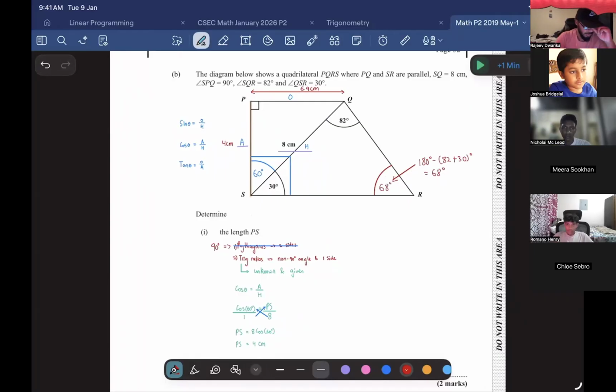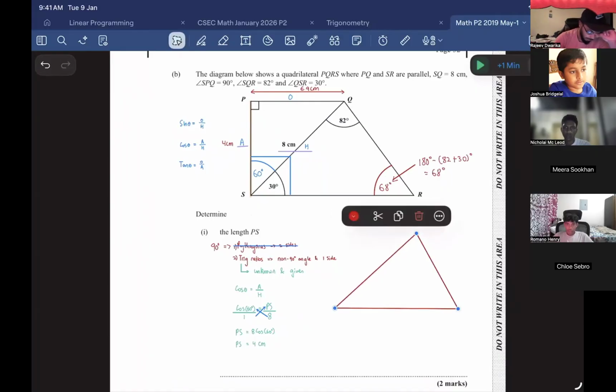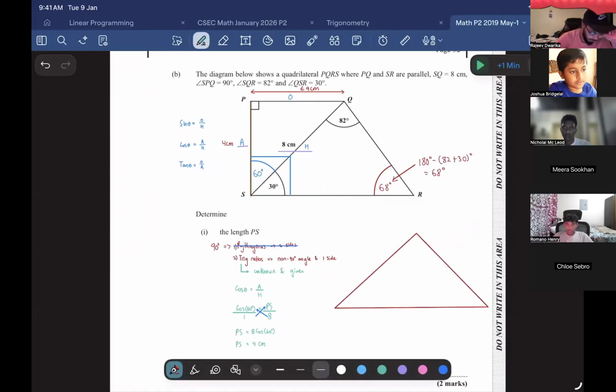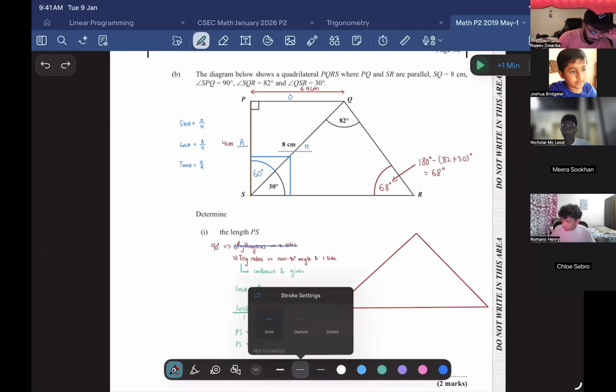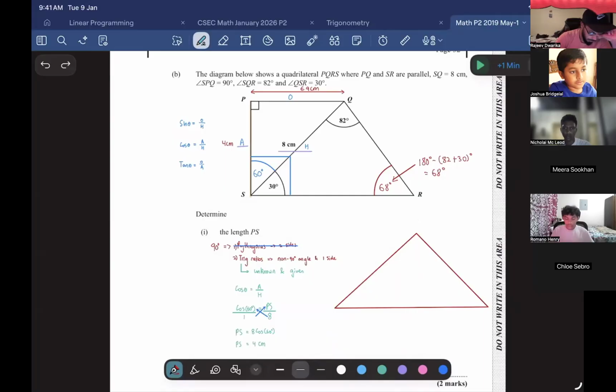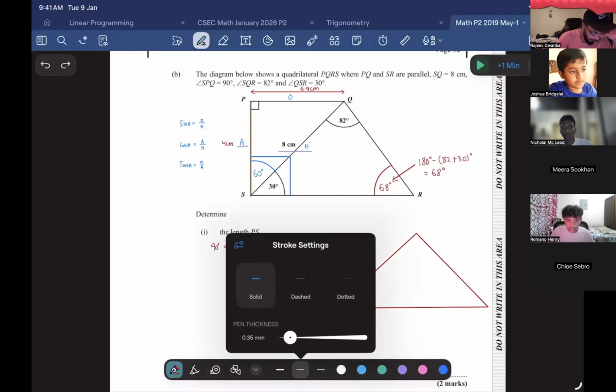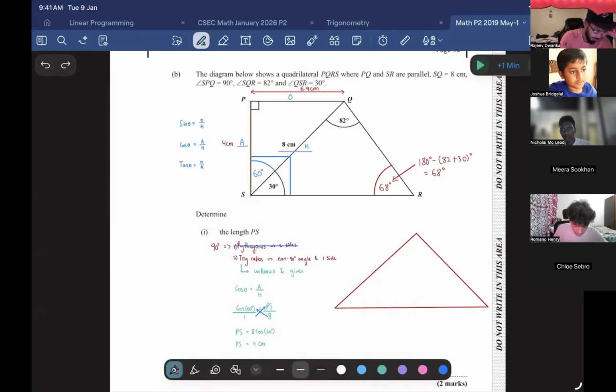Okay, great, cool. Let's look at a triangle separately, by itself. Maybe that might make things a bit more obvious. I don't know where the marker pencil is, they're moving weird.